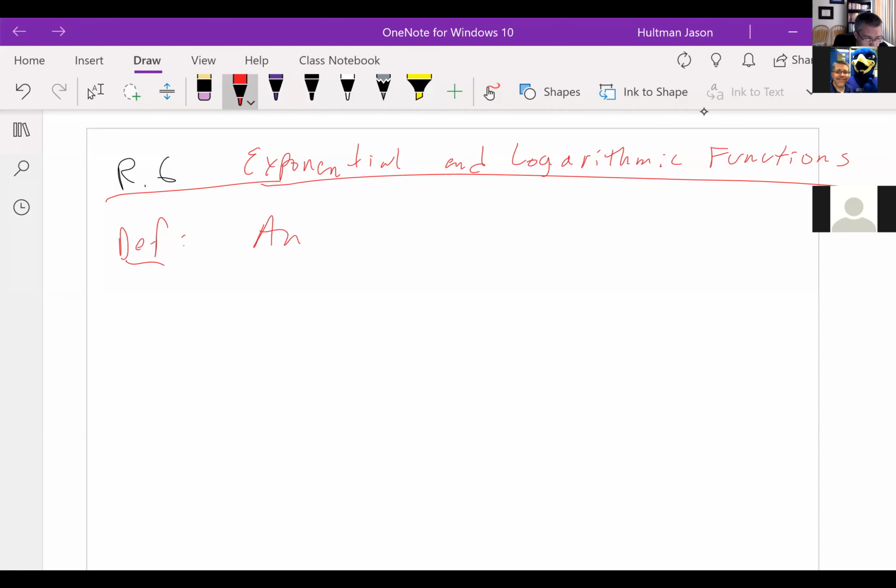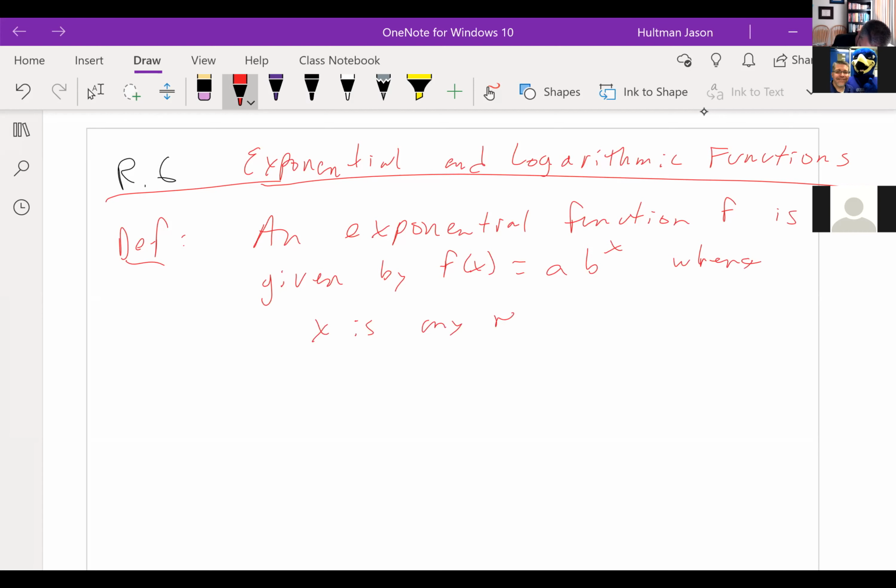An exponential function f is given by f of x is equal to a b to the x, where x is any real number.